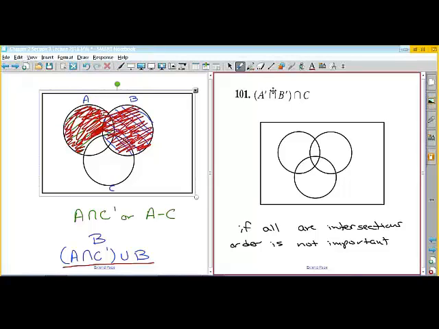So I can write this as complement A intersect complement B intersect C, or I can write it as C intersect complement A intersect complement B. I've just changed the order. There's two complements and one that's not a complement.